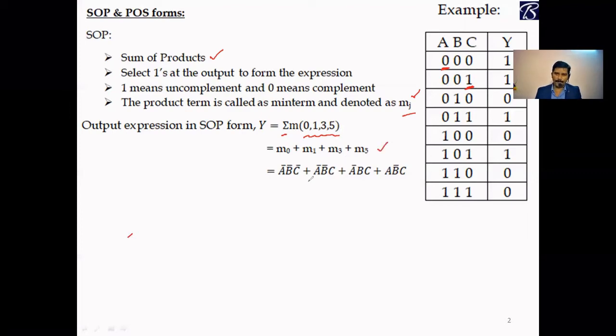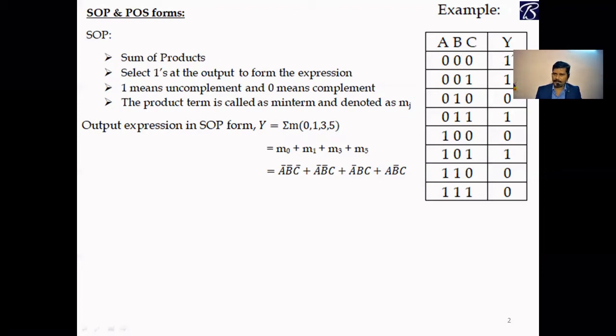Now we can form the output expression. m0 means 0 0 0, where 0 indicates complement and 1 indicates uncomplement.